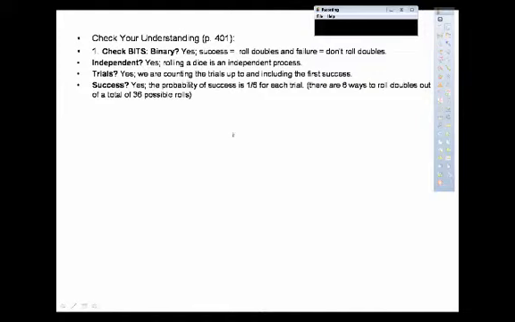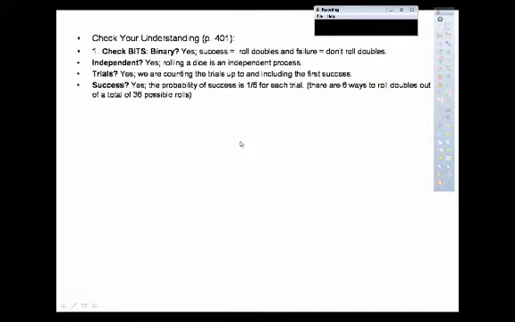Yes, it's independent. Rolling dice is always independent. Trials, yes, we're going to keep counting the trials up until and including the first success. And then our success, yes, the probability of success is 1/6 for each trial. It does not change. So that makes it geometric.